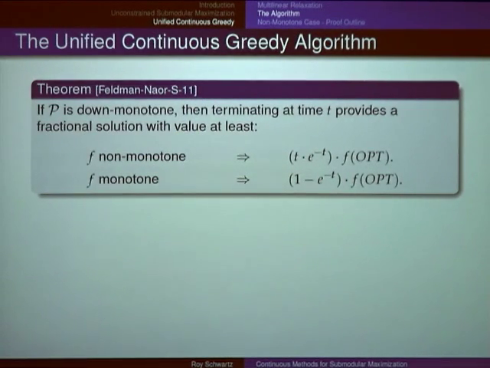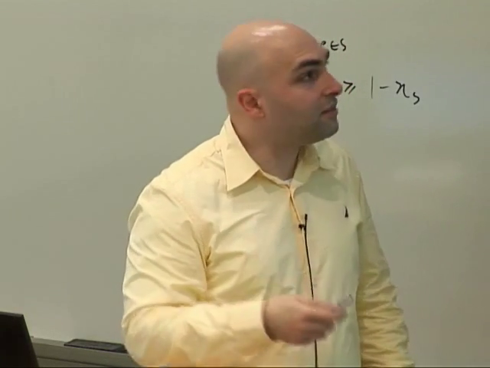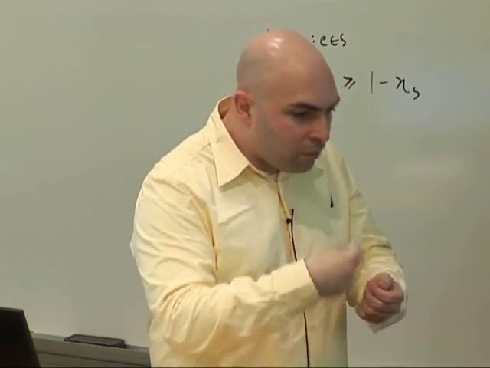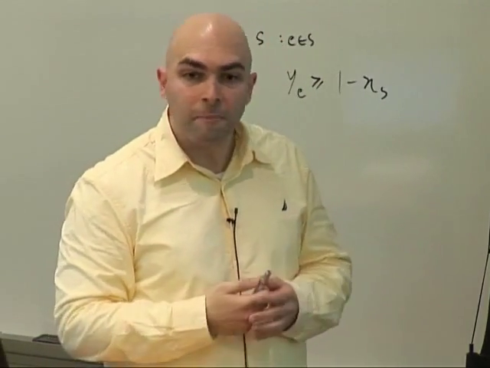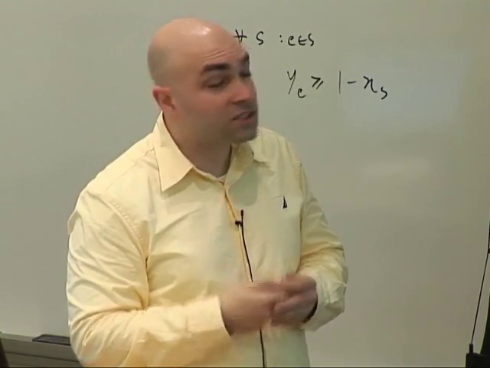This is kind of surprising because it tells you that the original continuous greedy, the Vondrák algorithm, is kind of wasteful, or the step size there is wasteful. Why? Because even in the monotone case, the more you gain, the more value you can have, because everything is monotone, right? And we actually take smaller steps.